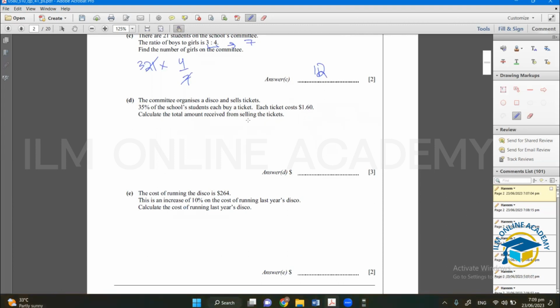We have already calculated that the total students of the school are 500, and only 35% of them bought tickets. Each ticket costs $1.60. Calculate the total amount received from selling the tickets. So we need to find the total amount the school got after selling tickets to 35% of the students at $1.60 each. Okay, so we will write it. It's a 3 marks question.